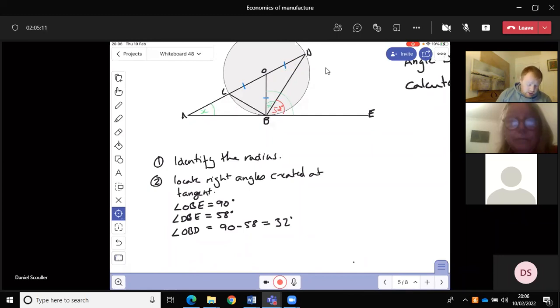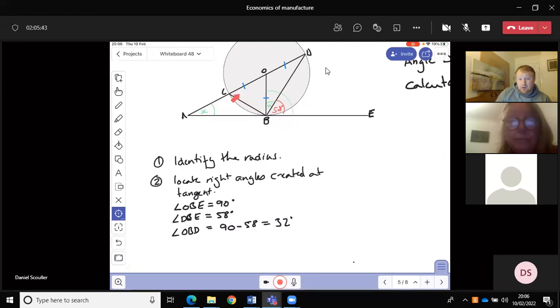Okay, so what does help? If we could figure out what this angle in here is. So we could figure out what OBC is. That would help. So we're getting towards the angle that we're looking for. Now, OBC, there's a couple of things going on. These two radiuses and then joining C and B by a chord, that's telling me that that's an isosceles triangle.